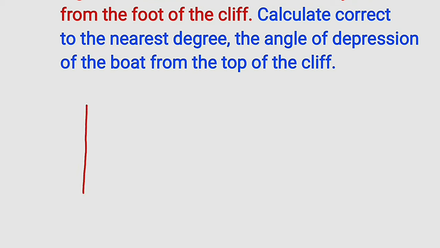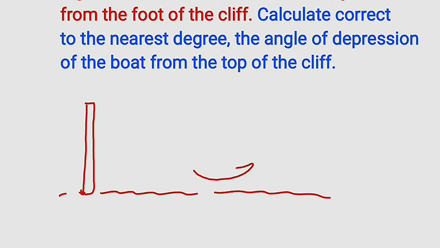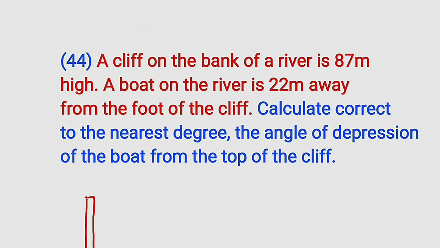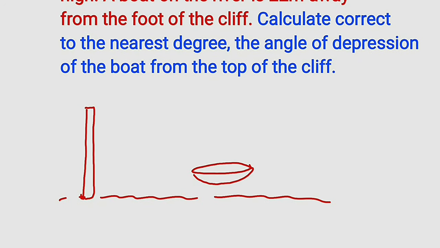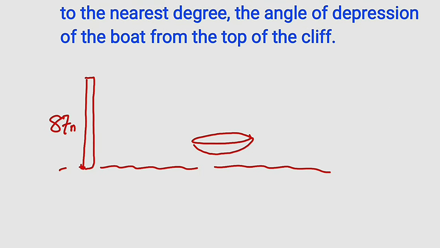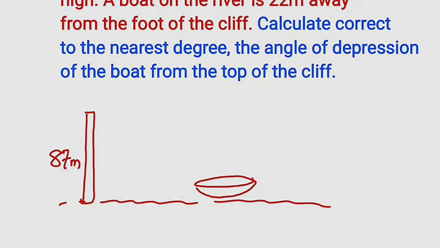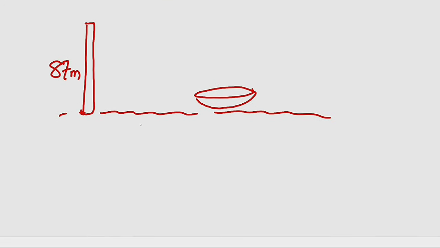Suppose we have the cliff right here, and this is the horizontal ground in the river, and let's assume we have a boat situated somewhere here. So this is the top, and this is, according to the question, 87 meters high, and from the foot to the boat is how many meters? 22 meters. So we have 22 meters here.